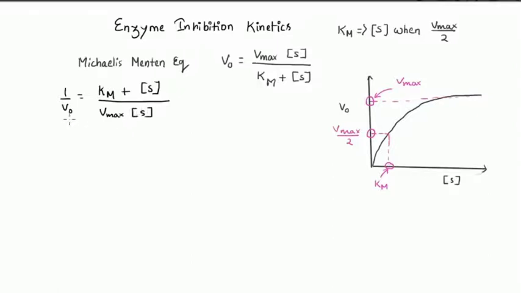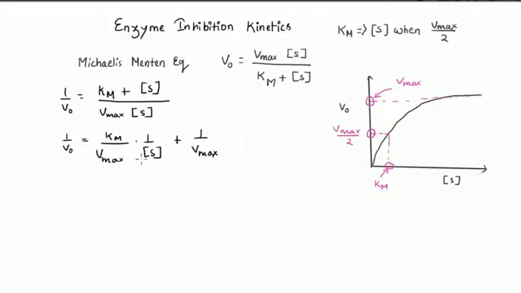Okay, now we separate them out, and 1 by V naught equals Km by Vmax into 1 by substrate concentration, plus, if we separate the other half out, we get 1 by Vmax.